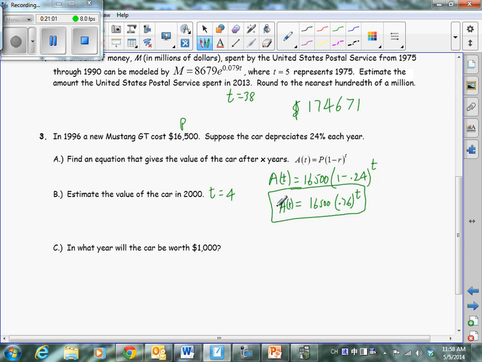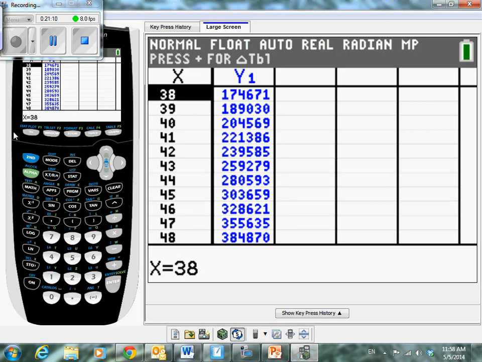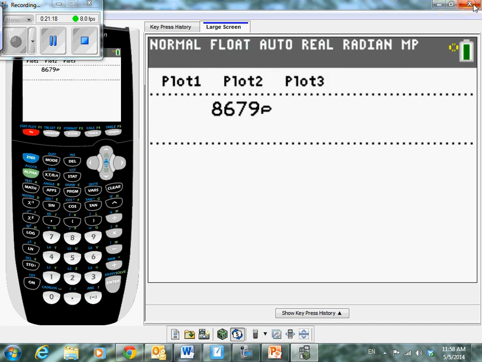For B, you will just plug in 4 into it. Again, once I get the equation, I'll plug it into my calculator. So I want you to plug this into your calculator as well. My calculator froze and I shut it down.